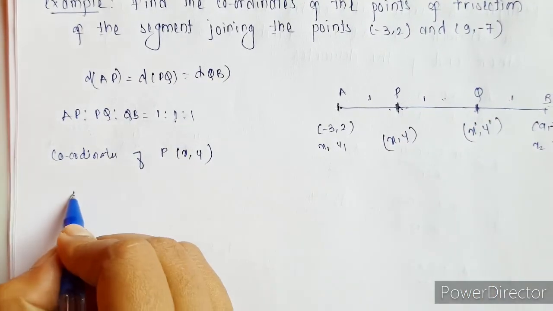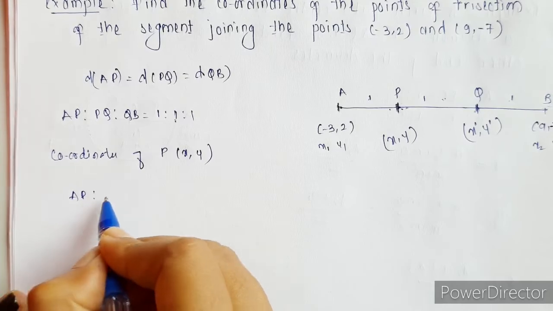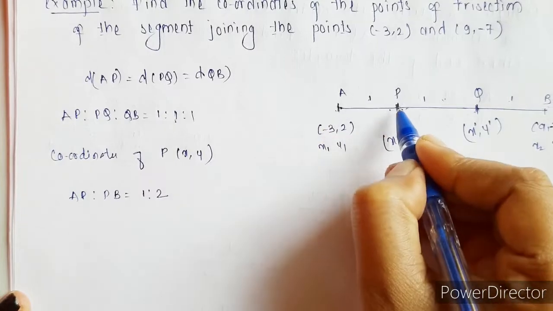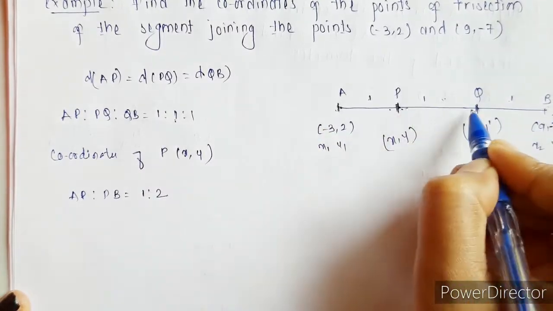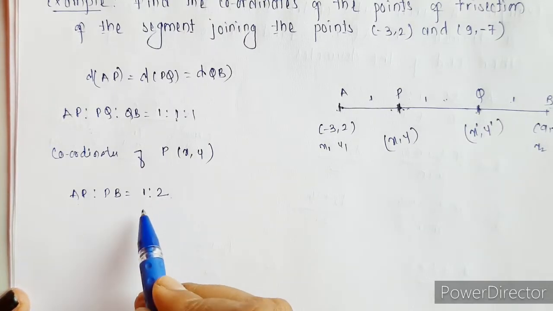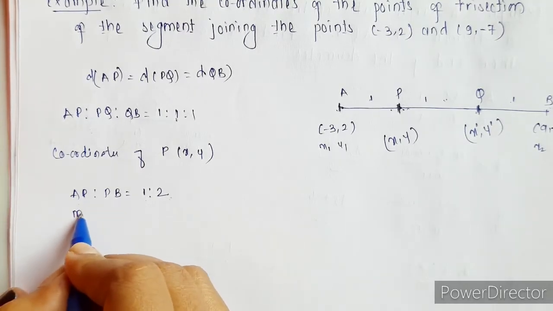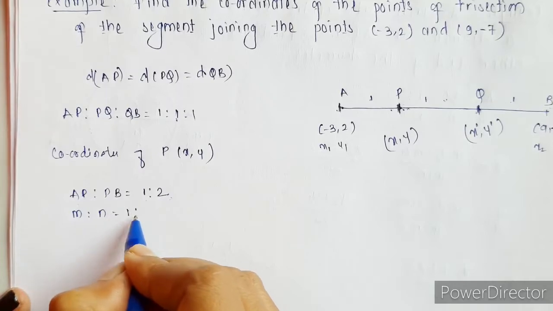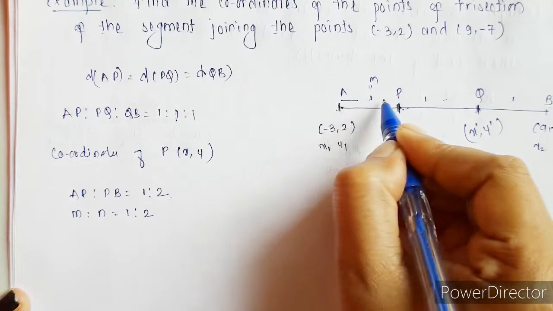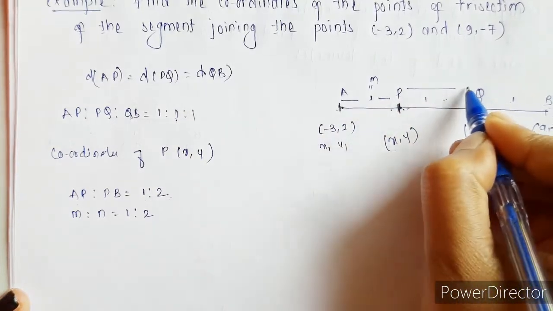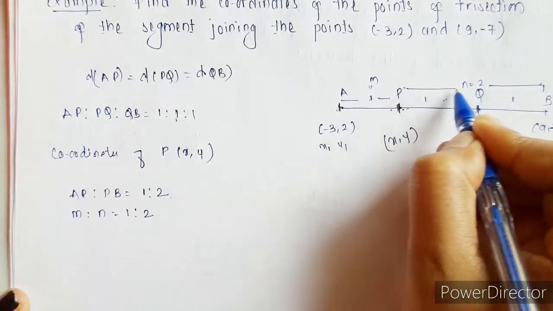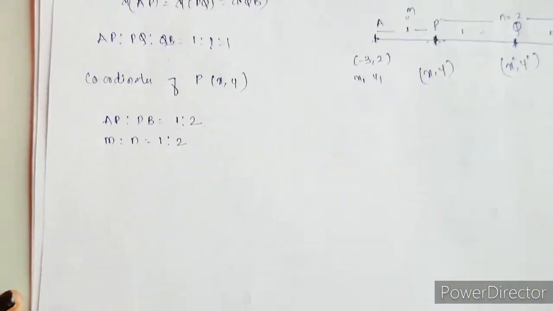So the ratio of AP to PB is 1:2. So our M to N in this case is 1:2. M is 1, that is this part, and N will be 2, that is this part. PB is N, that is 2.